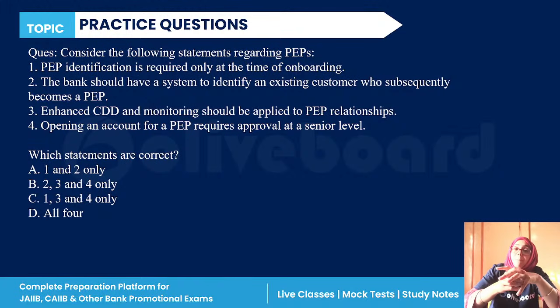Opening an account for a PEP requires approval at senior level. So you have to tell me which of the following statements is correct regarding the politically exposed person. Everyone, start answering this question. It's a simple question. We have four statements written related to politically exposed person, and we have to choose the correct statement here.